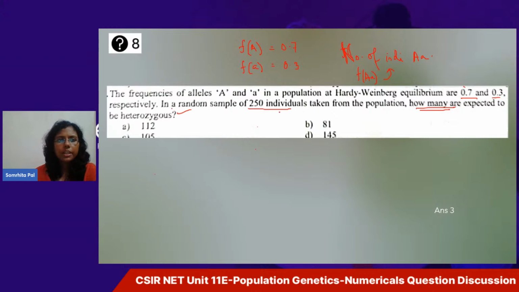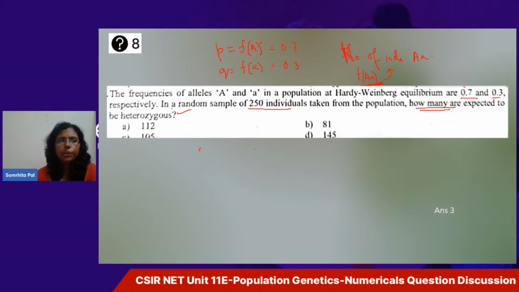So how do we do it? We know that the frequency of capital A is represented as P in Hardy-Weinberg, and the frequency of small a is represented as Q. From the allele frequency given to you, you have to find the genotype frequency.